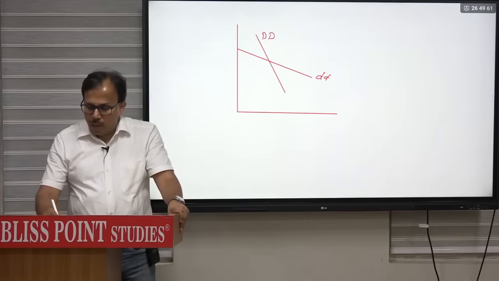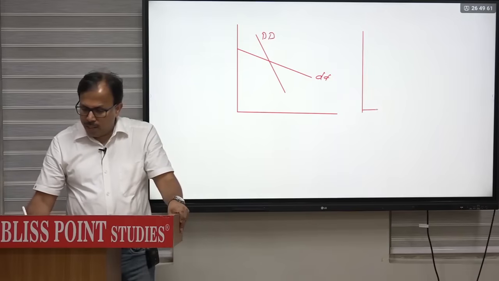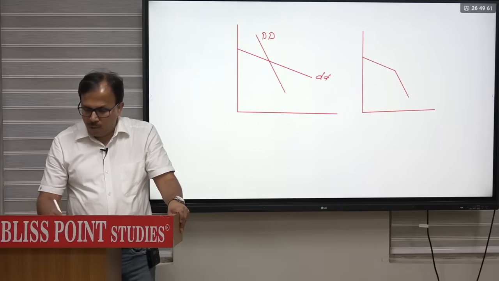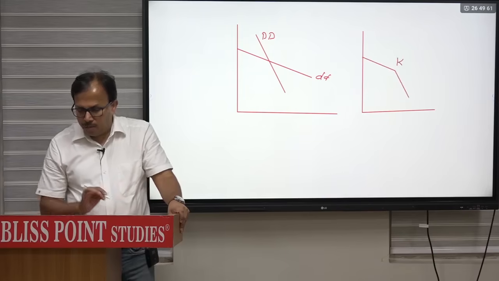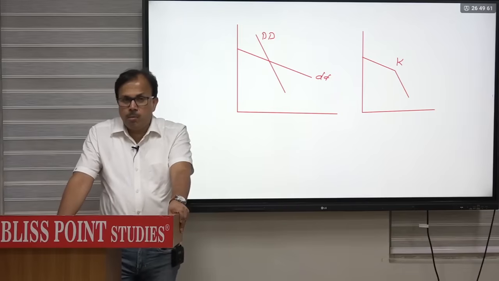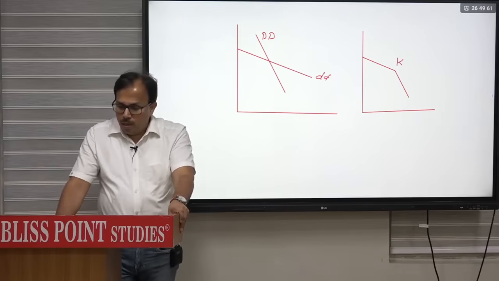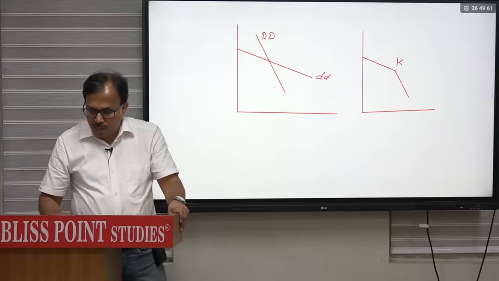If you incorporate both, the upper part is elastic and the lower part is inelastic, therefore you get the kinked demand curve. In the Paul Sweezy model, the kinked demand curve is based upon the perceived and proportional demand curves. So you have to explain these two important significances.